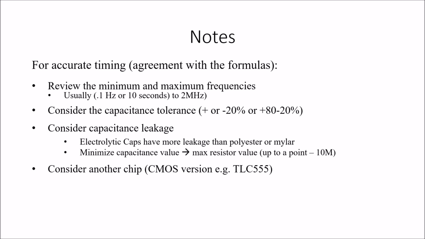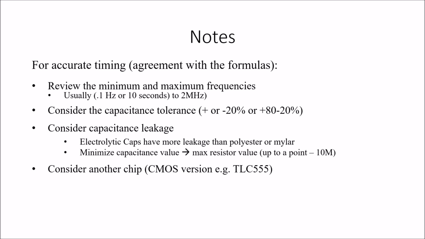Some capacitors are plus or minus 20%, some are plus 80, minus 20%, so that certainly can have an effect on the formula and your timing. Also consider capacitance leakage. Electrolytic capacitors have more leakage than polyester or mylar, but polyester and mylar are hard to find in higher capacitance values.